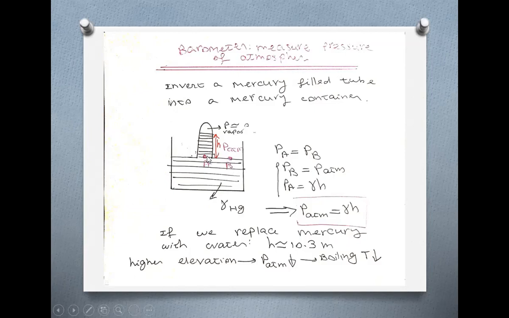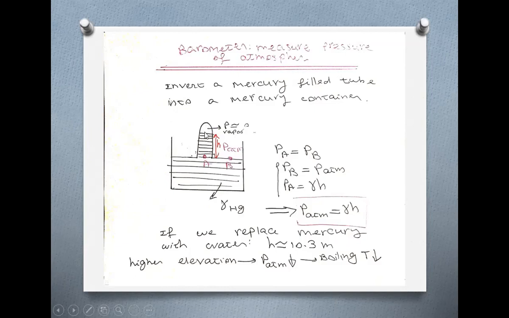And pressure at B is the same as pressure at A, because they are on the same level, the same liquid. And pressure at A is the weight of this column of fluid, which is gamma of the mercury, or gamma of whatever the fluid is, multiplied by H, plus the pressure in the small space at the top, which is like a vacuum.